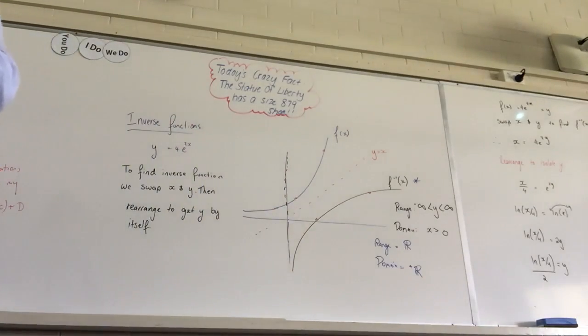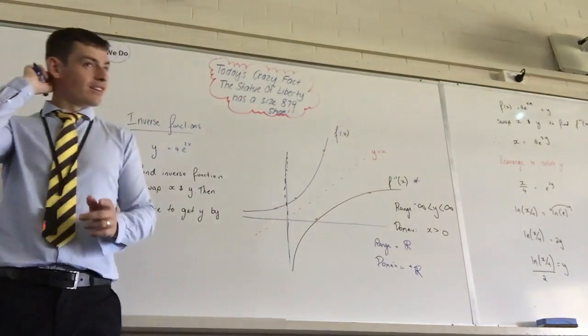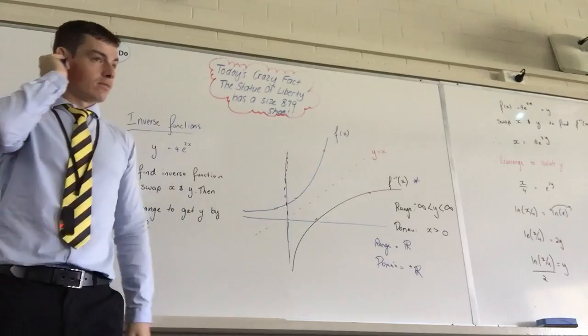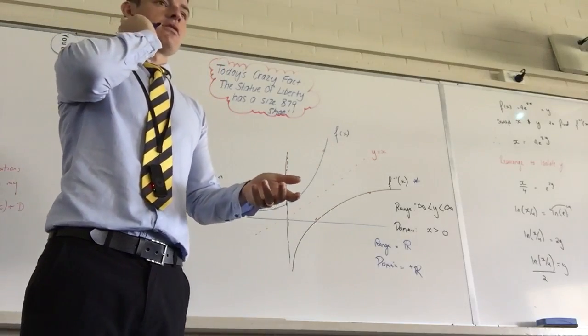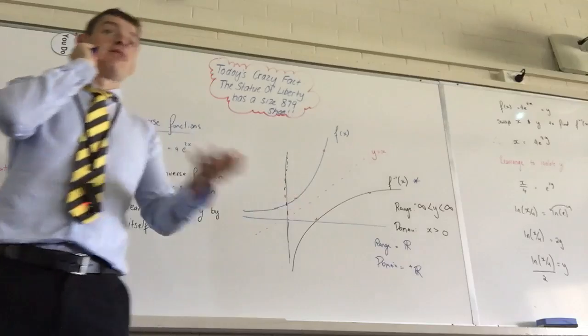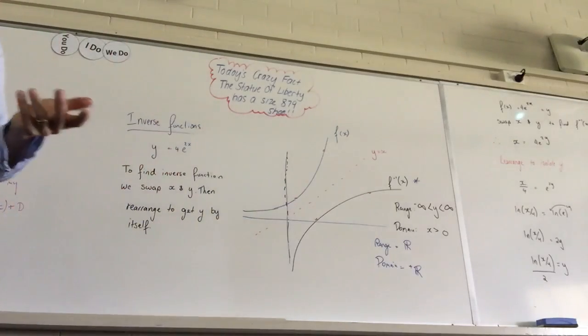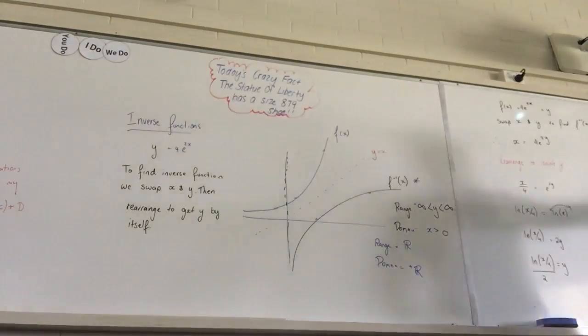As long as x is less than 0, very good. Why is that? How do you get a positive number when you've got negative x? Negative times a negative gives a positive number. We need our logarithms to always have positive values inside.